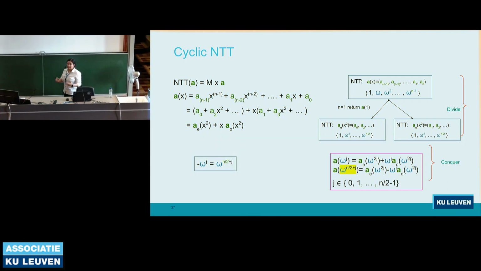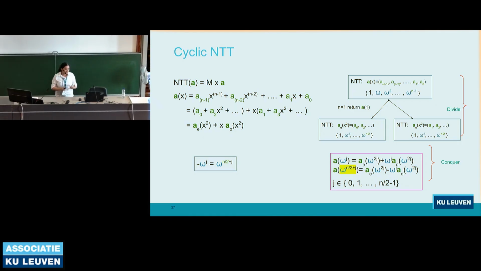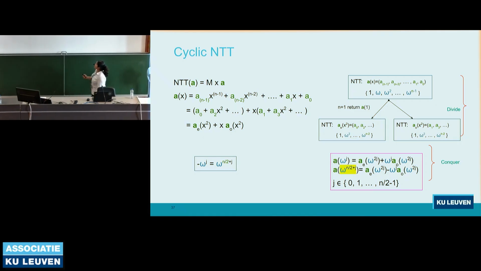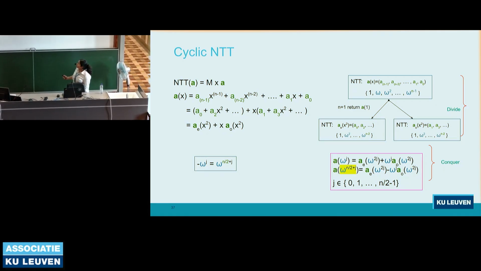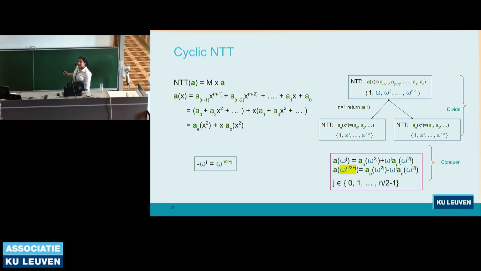As this is a cyclic ring, and our W was an nth primitive root in ZQ, this relation will be satisfied. And that leads us to this equation, which makes our conquering easy and cheap.